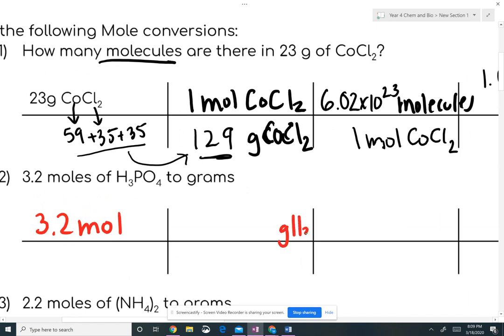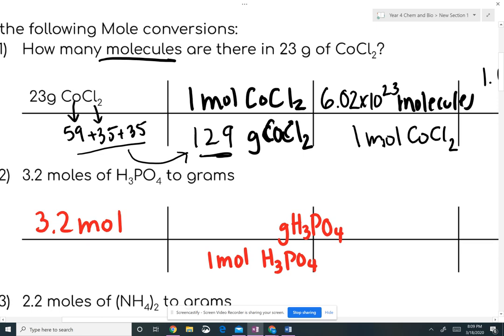So I need grams of H3PO4, right? And in 1 mole of H3PO4, how many grams do I have? Okay, so again, since I'm using grams, I have to figure out how much this thing all weighs. So each H weighs 1, and I have 3 of them. Each P, phosphorus, weighs about 31, right? And then oxygen weighs about 16, and I have 4 of them, right?